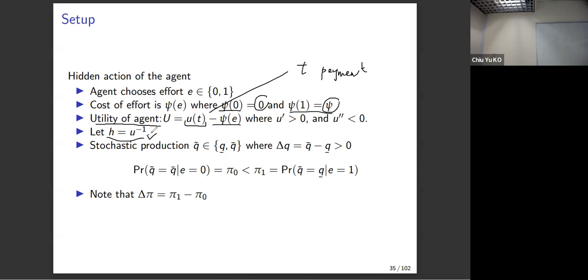Basically, it's piece rate based on effort, but implicitly you want to induce the effort, because you can only reward based on the output. I want the piece rate such that he wants to put in effort. Non-linear piece rate.